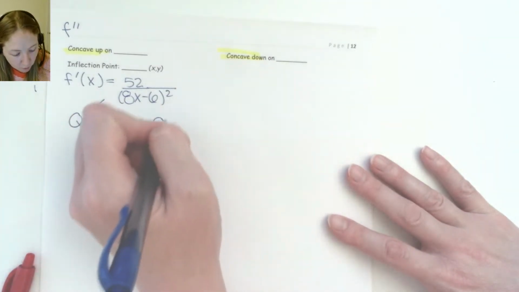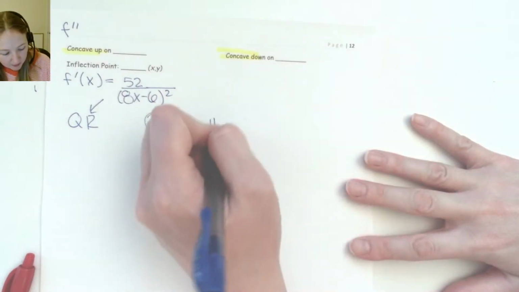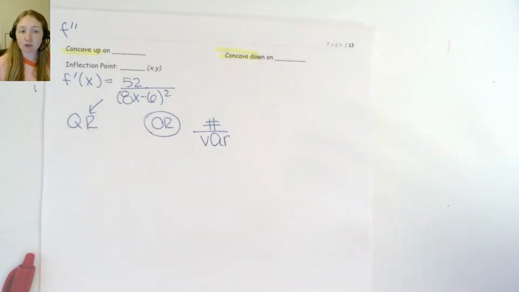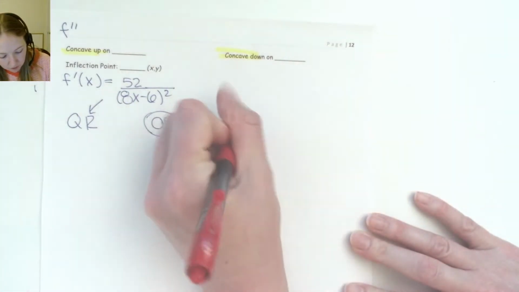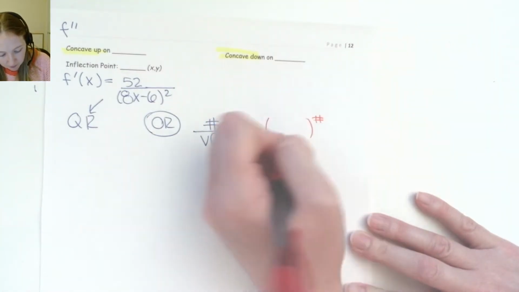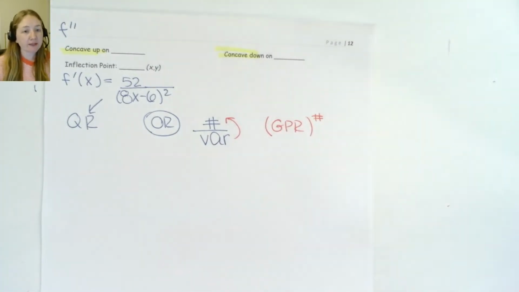Another option, which will make things a little easier, is that if you have a number over a variable, technically you don't need the quotient rule. You can bring the variable up, and then you'll have parentheses to a number, and you can use the general power rule. So I'm going to take that approach simply because it is a little easier in terms of time.